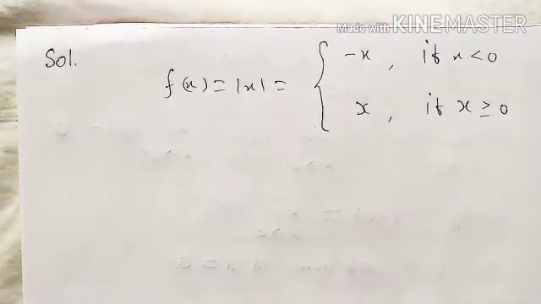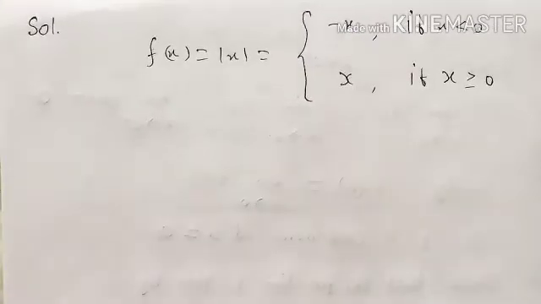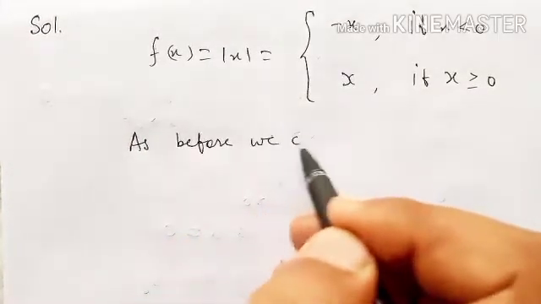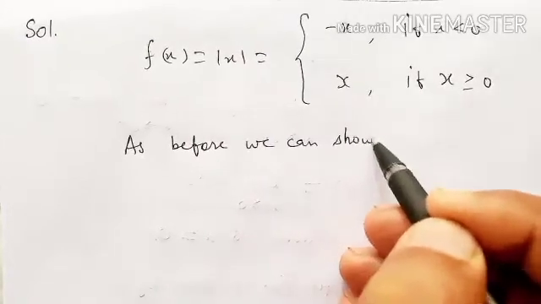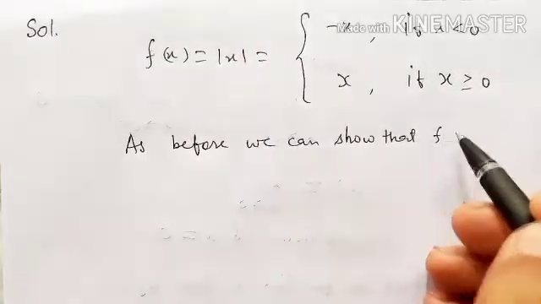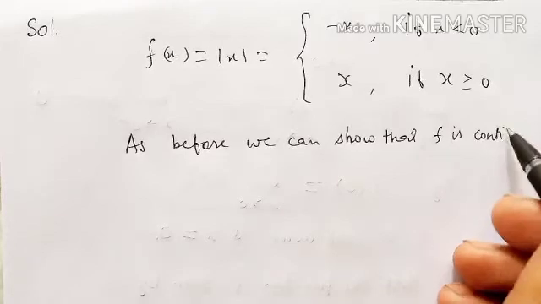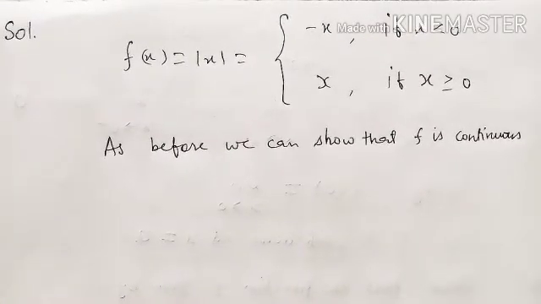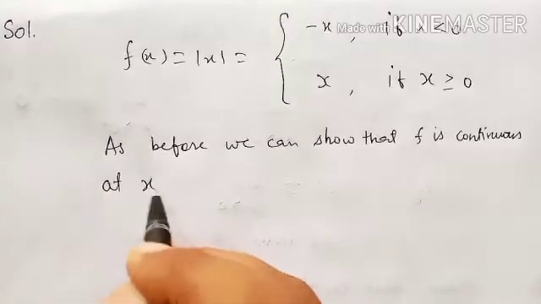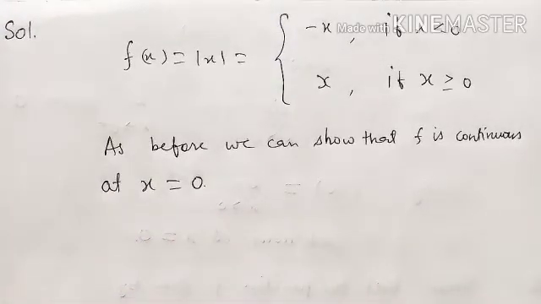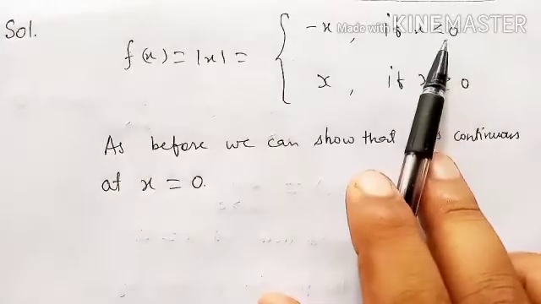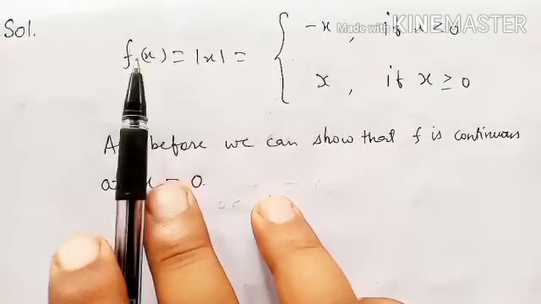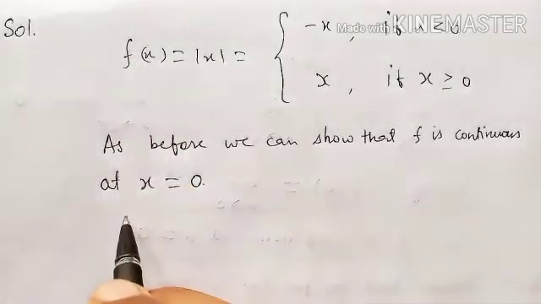So, as before, we can show that f is continuous at x = 0. And now we have to discuss on the LHS, on negative values of x, whether f is continuous. So we can take an arbitrary number.